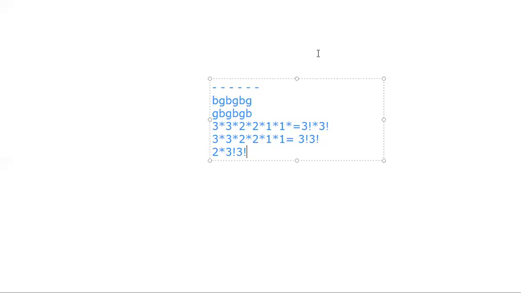2 factorial into 3 factorial. Just think and tell. 4 factorial, sir. Come on.